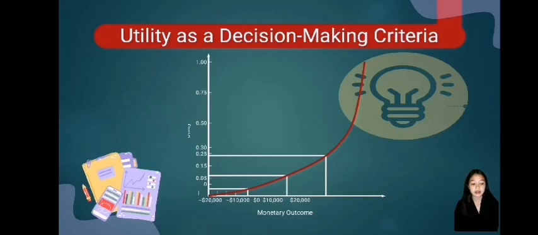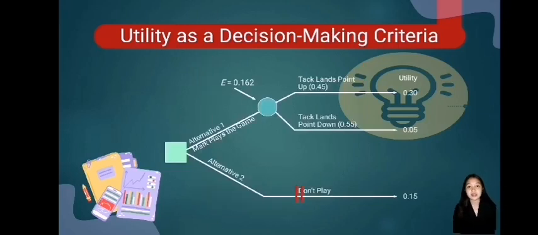a $10,000 loss is 0.05. His utility for not playing is 0.15, and his utility for $10,000 is 0.30. So as you can see on the figure, alternative 1 is the best strategy using utility as the decision criterion.